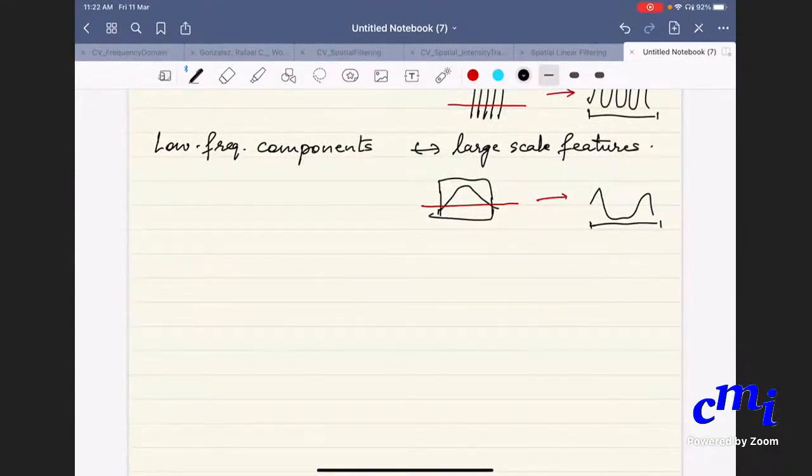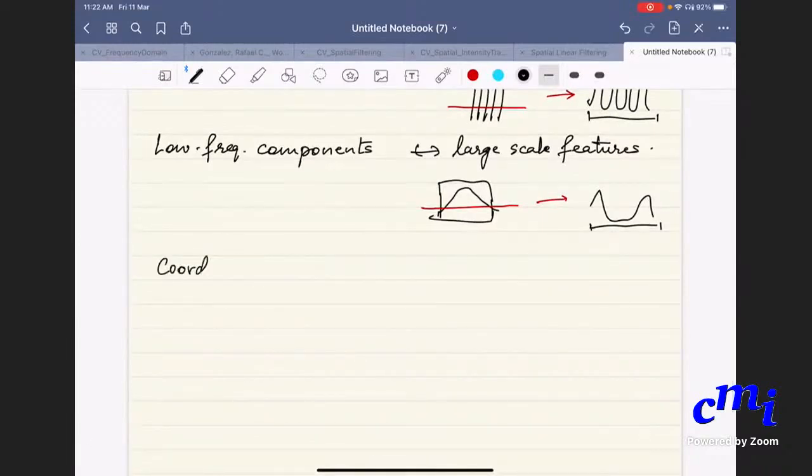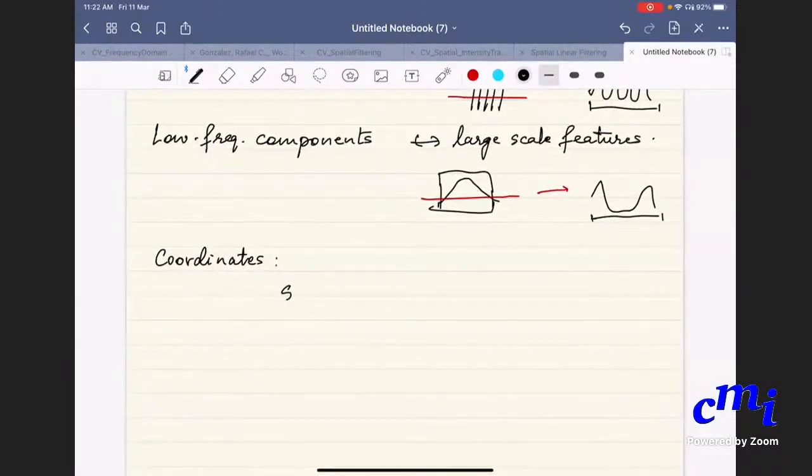Now let's talk about coordinates. In the spatial domain, we have coordinates x and y. In the frequency domain, we will have coordinates u and v.